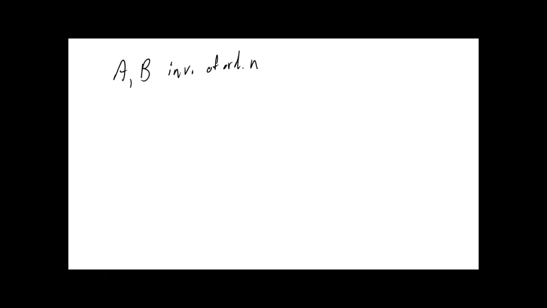They're n by n matrices. Now, if that's the given, then this implies that the product AB is invertible. AB certainly would also be an n by n matrix, and the product of those matrices is also invertible.